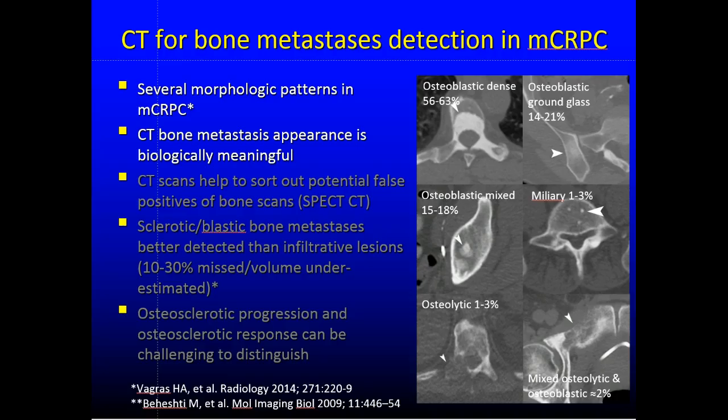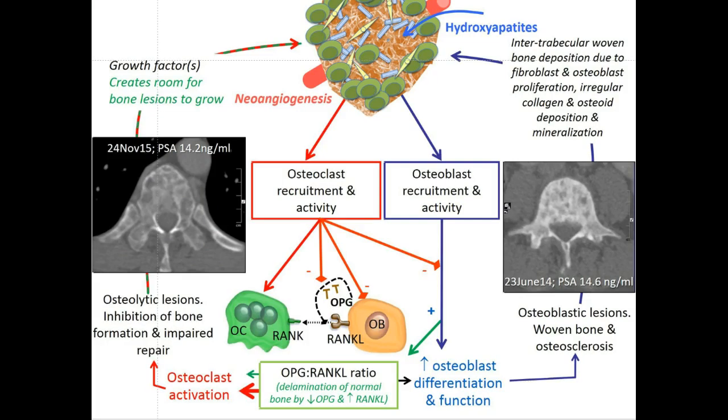So we know that if you get an osteoblastic metastasis, this is due to Wnt1 upregulation resulting in osteoblastic recruitment, and then the laying down of new bone, which then ossifies, resulting in these sclerotic deposits.